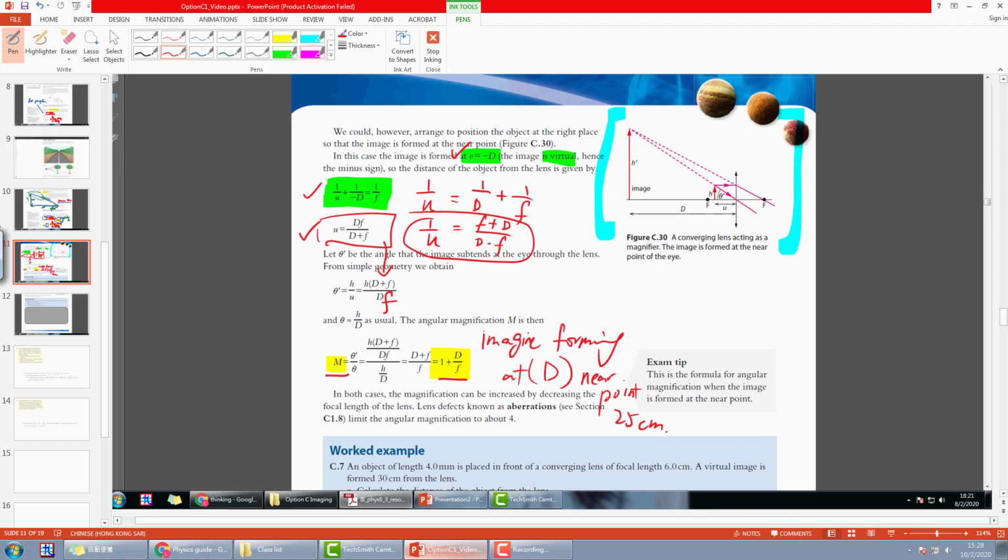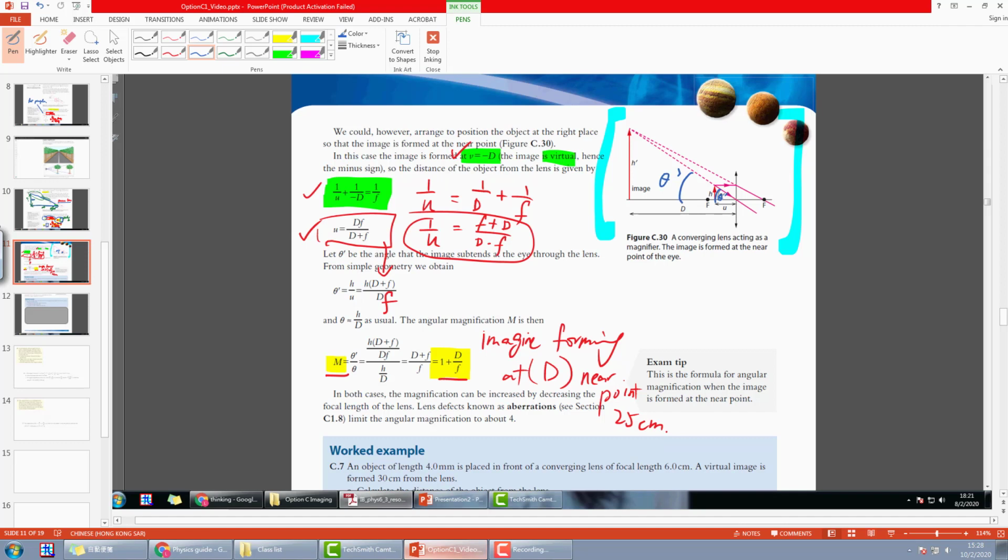Like I said in the previous example, when we talk about the image forming at infinity, or what some people call the far point, the new angle can be found by again using a similar triangle. This is the new angle, and that will be the same angle here as well.